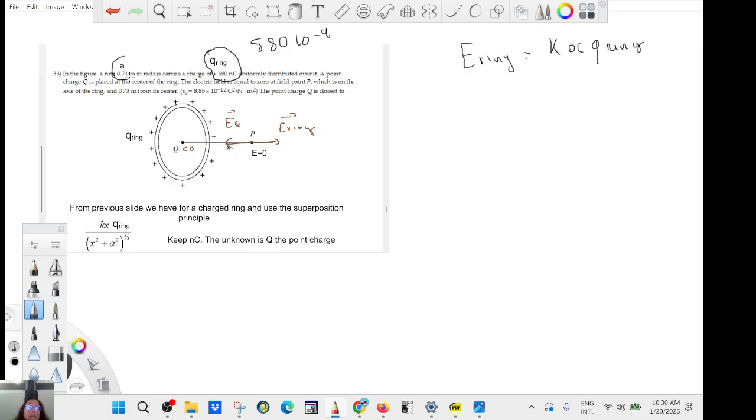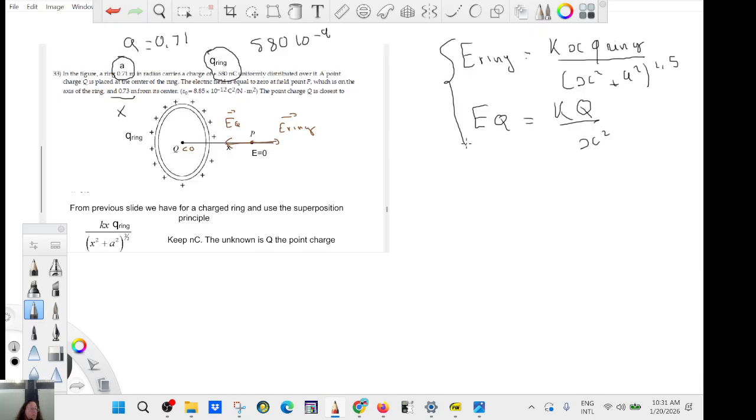This is a, and we have x. And the field from a charge is KQ over x squared.